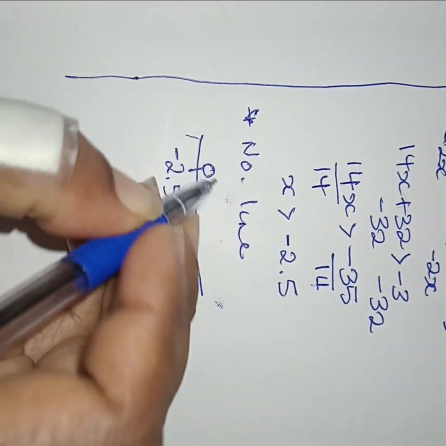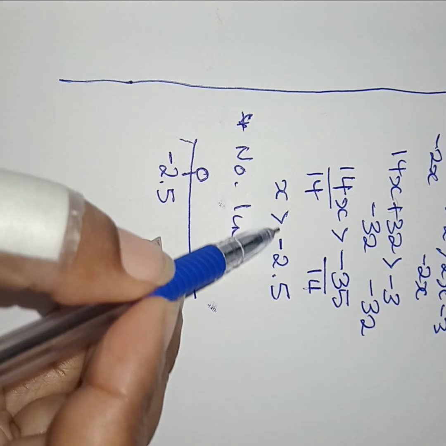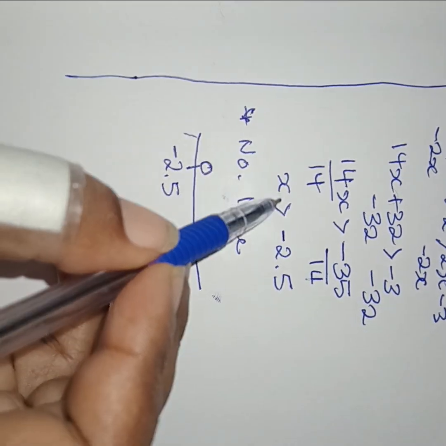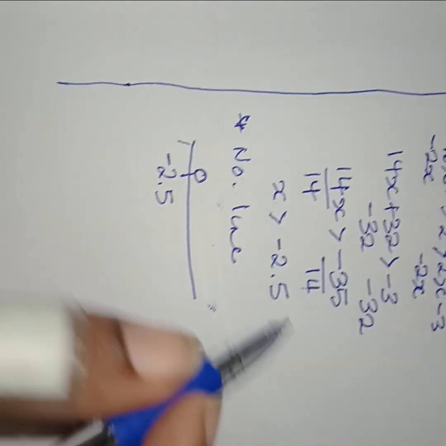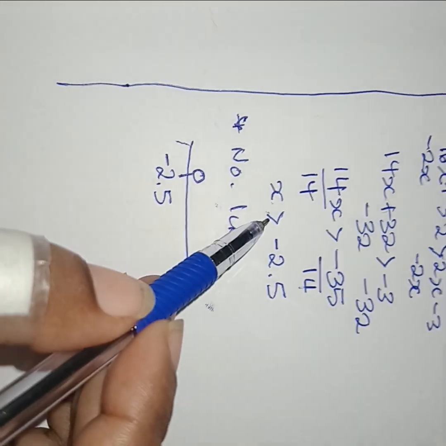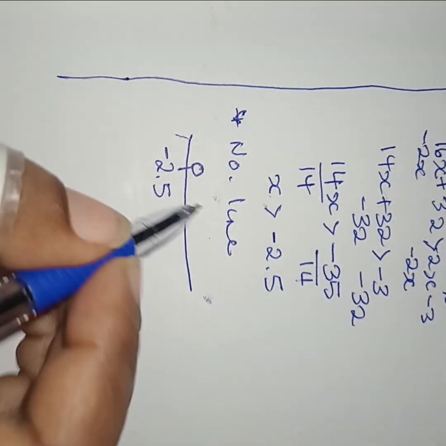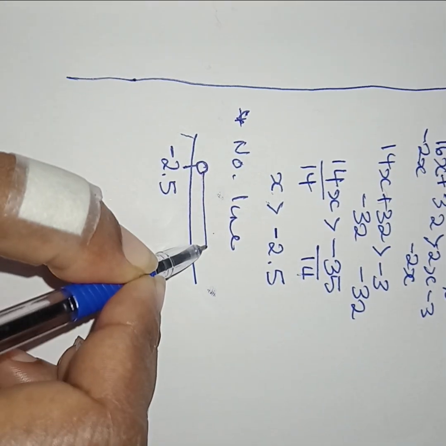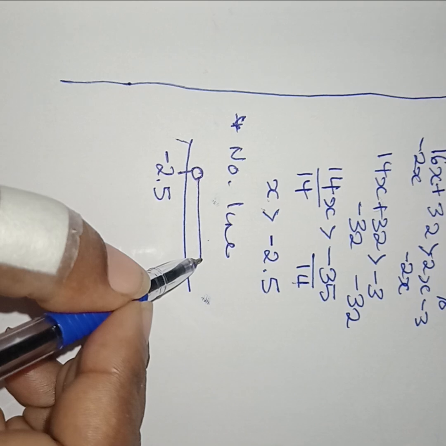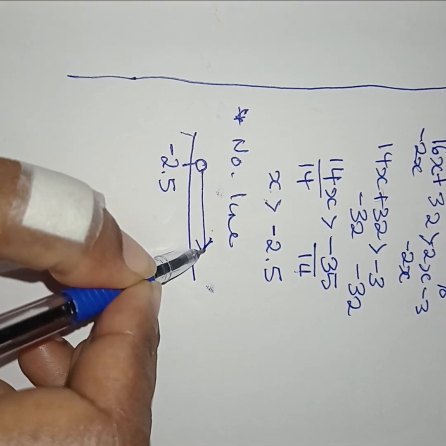Put a circle and decide on the shading part. Since x is not equal to the number, we leave it open. And all the other x values are greater than negative 2.5, so we indicate them by drawing a line from the circle and pointing it to the right.